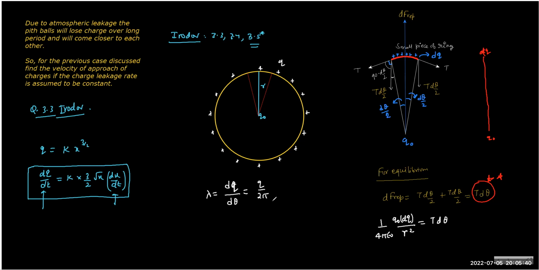You can express it the way you want. I'm just writing in terms of angle. You can write in terms of length also, because this is r d theta. It's the same thing. dq by r d theta is the same as q by 2 pi r lengthwise, correct? And if you compare these two, you can clearly see what dq is now.